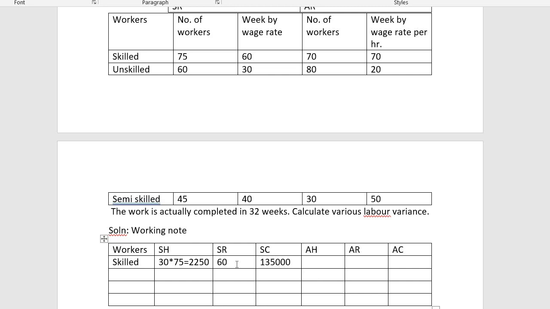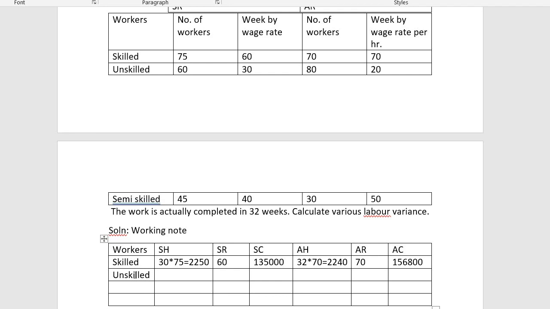The actual weeks to complete the task was 32 weeks, multiplied with number of workers, 70. 32 into 70 comes to 2,240. The actual rate per hour was 70, so 2,240 into 70, the actual cost is 1,56,800.